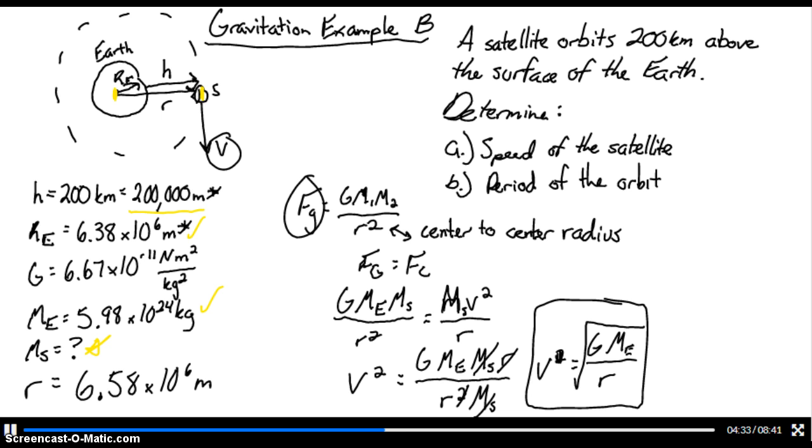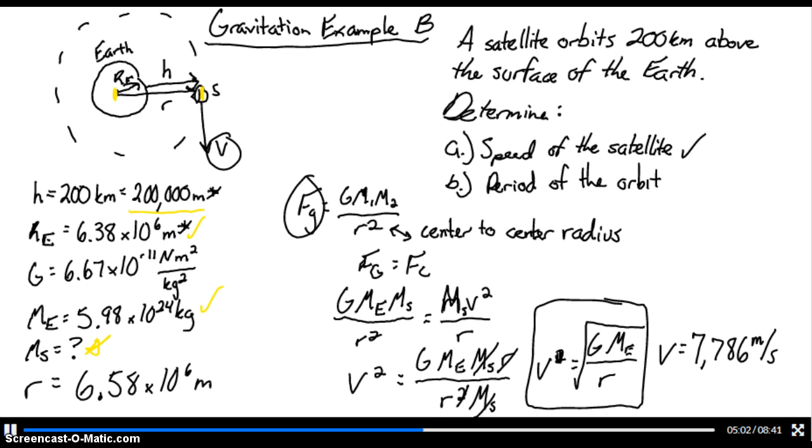So as we go through here, if we plug in G, 6.67 times 10 to the negative 11th, the mass of the Earth, and the radius, we get a velocity equal to 7,786 meters per second. So there's part one. We found the speed of the satellite. Yay, that's a good thing.